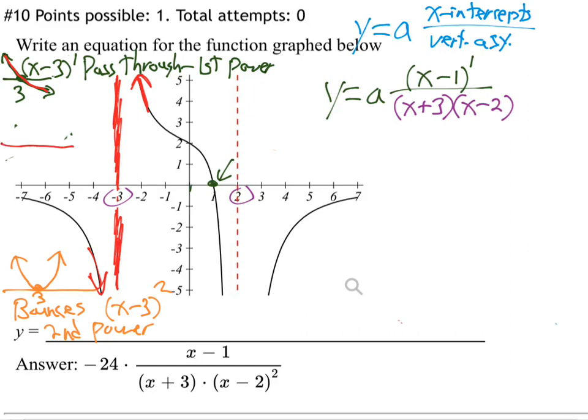So if you have a vertical asymptote line, and one side it's going up and the other side it's going down, it's just first power. This is at 3 or whatever. That'd be x minus 3 to the first power in the denominator, right?